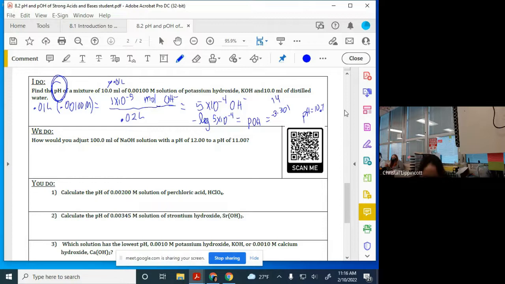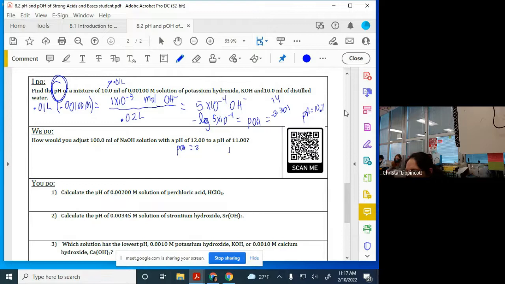I want to figure out what the OH concentration is going to be. Having this in pH form makes it a little icky, so I'm going to work with pOH instead. What is the pOH if the pH is 12? 2. 14 minus 12 is 2.